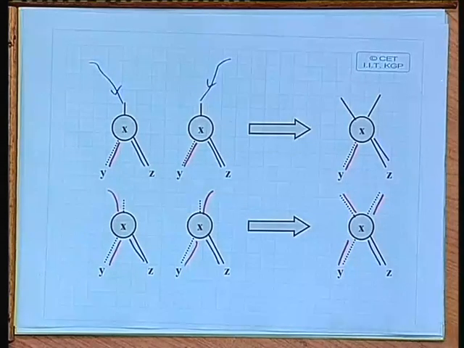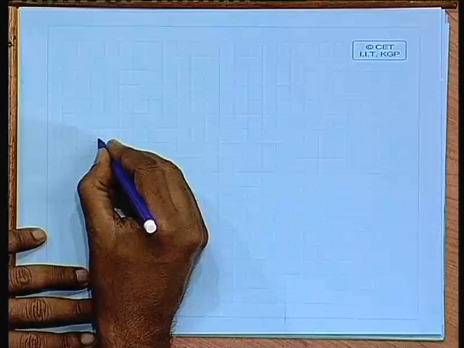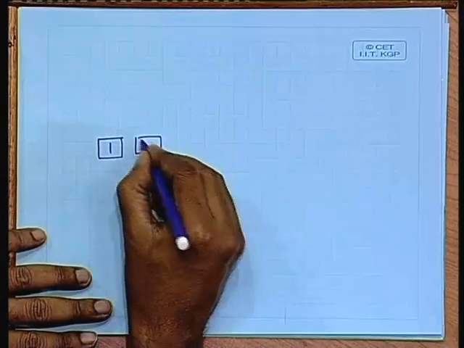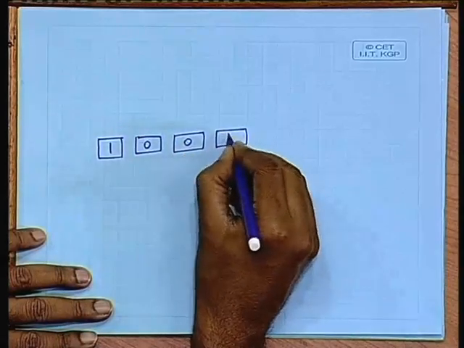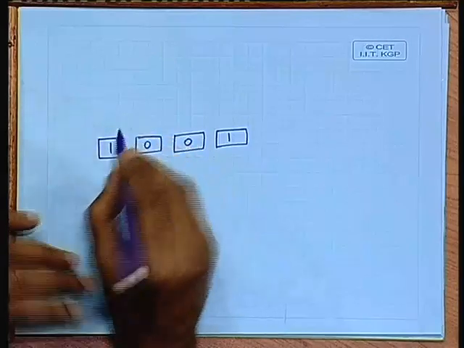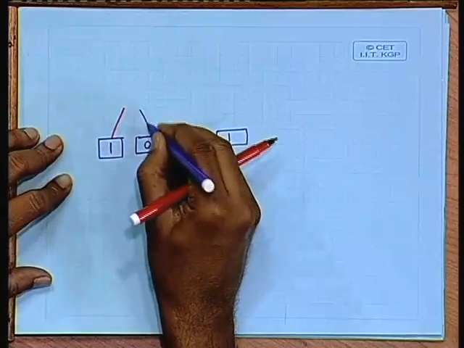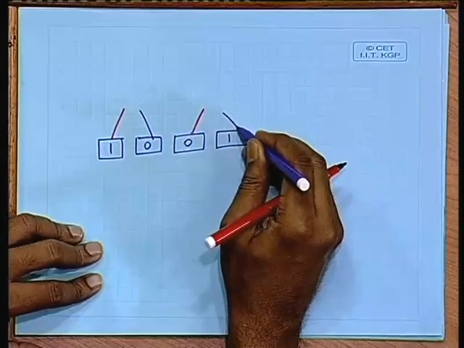And one last way of reduction is of course trivial. See, at the lowest level, I am taking a small example, at the lowest level you have only constants 1 and 0, say 1 0 0 1. Suppose you had this kind of a thing where there was an arc coming from the top level to here, then to here, then to here, then to here, say these are the 4 arcs coming.